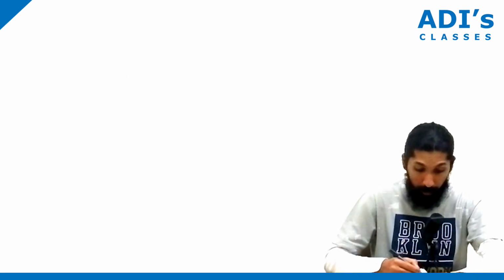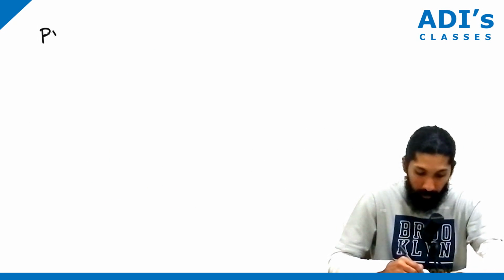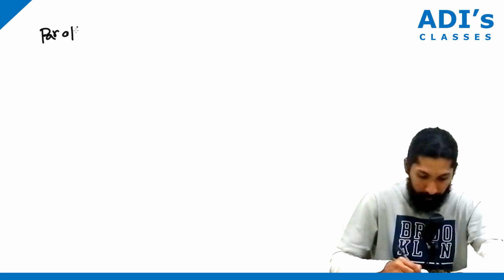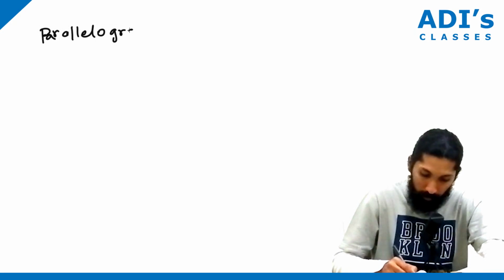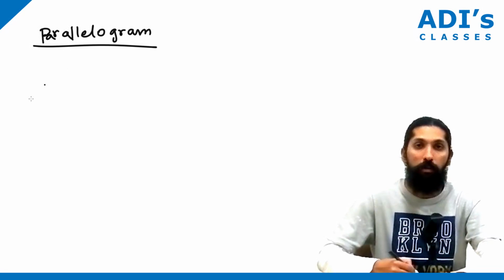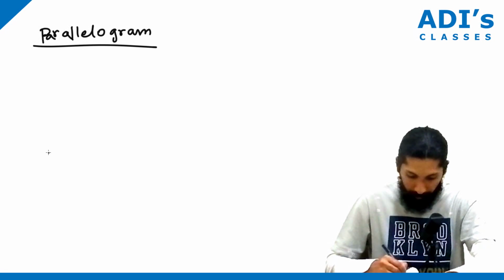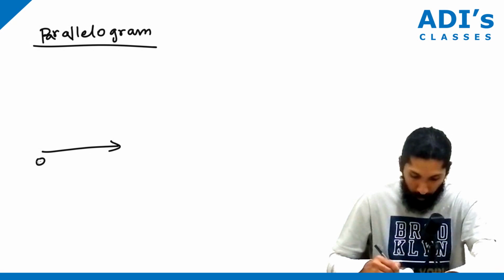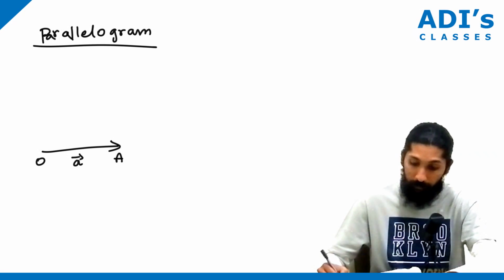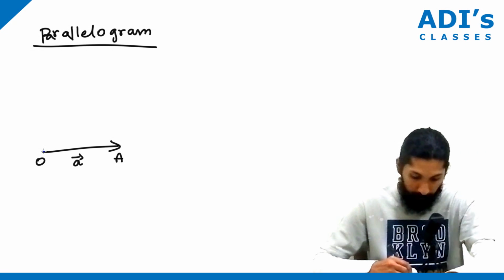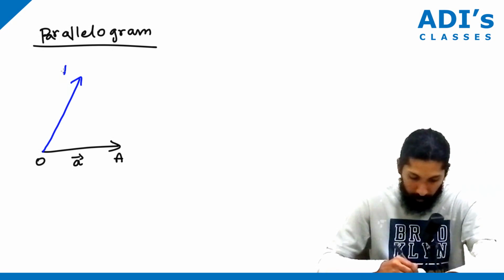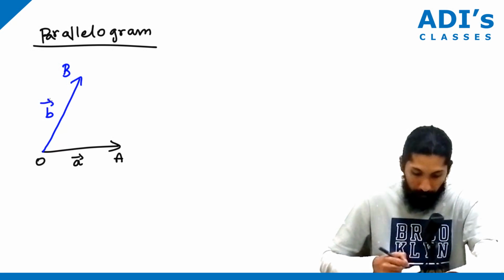In parallelogram law, see, in the parallelogram law, parallelogram first we'll write. Okay, so we have one vector like this. Say this is OA, this is vector A, and we have another vector starting from the same point. So say this is OB.